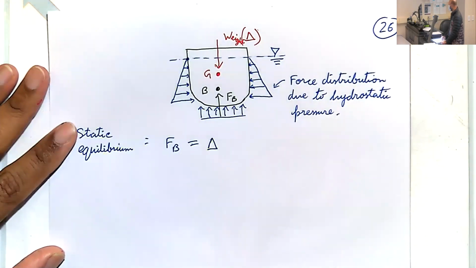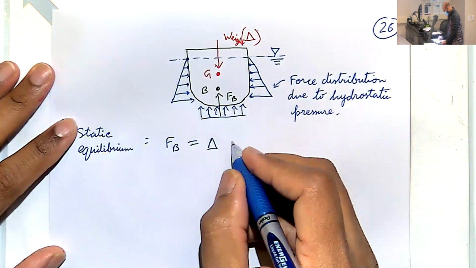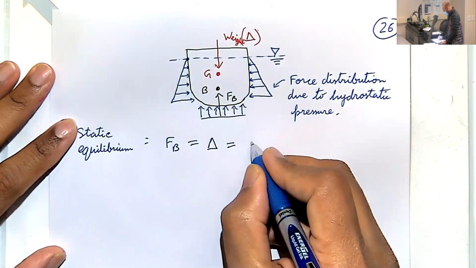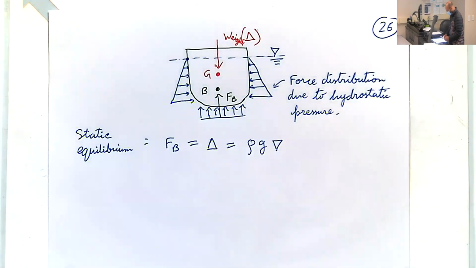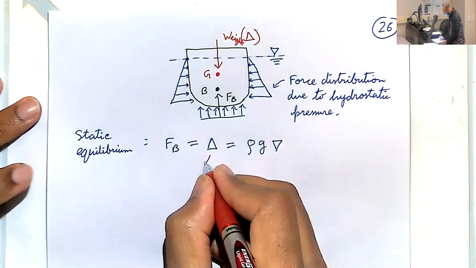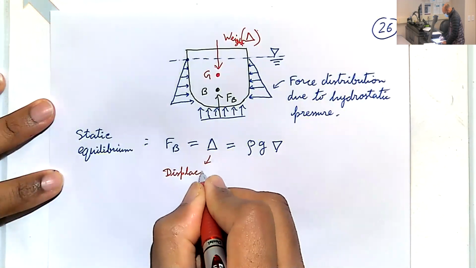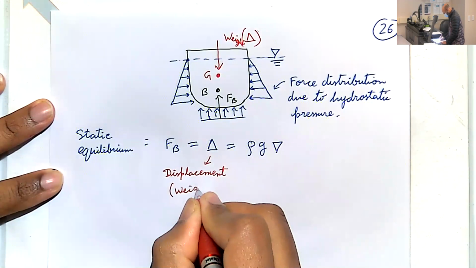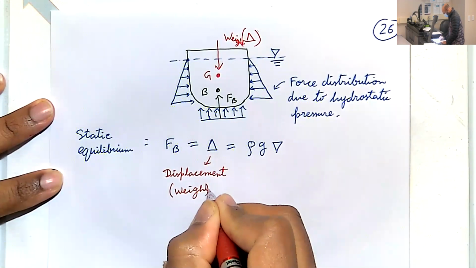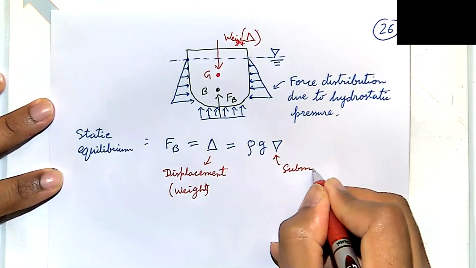Okay. And the displacement, well, is exactly equal to rho g nabla. So this is displacement. That is submerged volume.